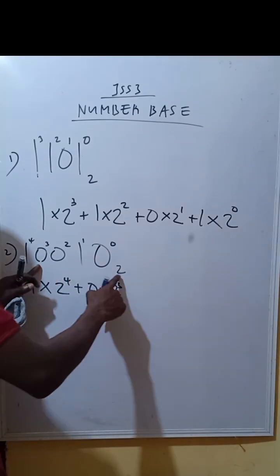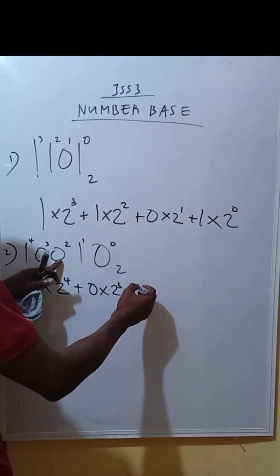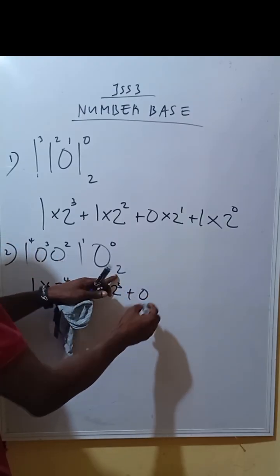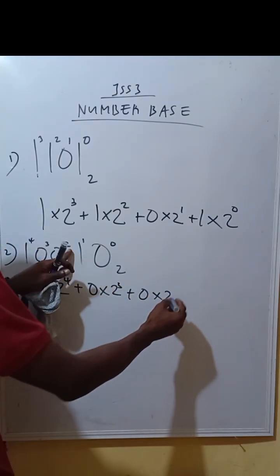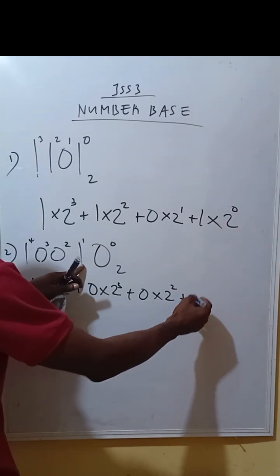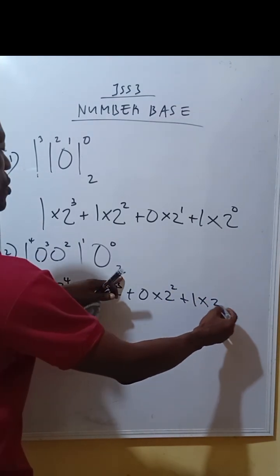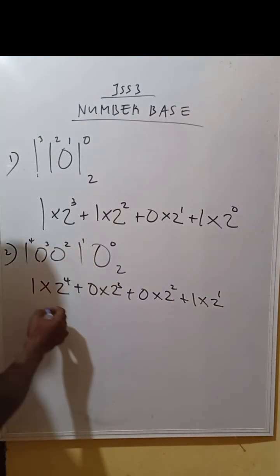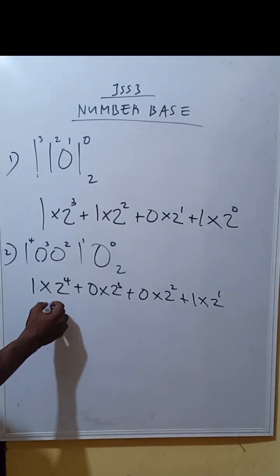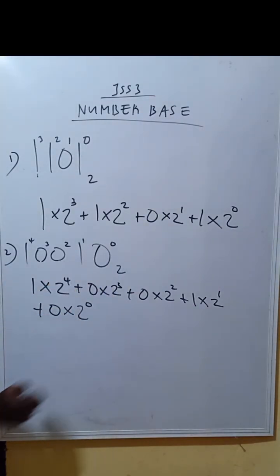The next one is 0 times 2 raised to power 2, plus 1 times the base 2 raised to power 1, plus 0 times 2 raised to power 0. So this is how we expand it. Did you get that? You can rewatch to get that better.